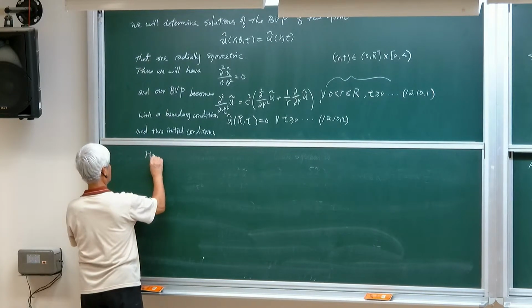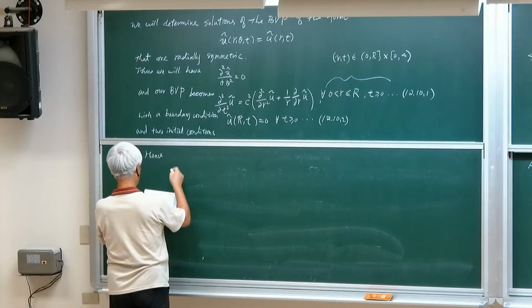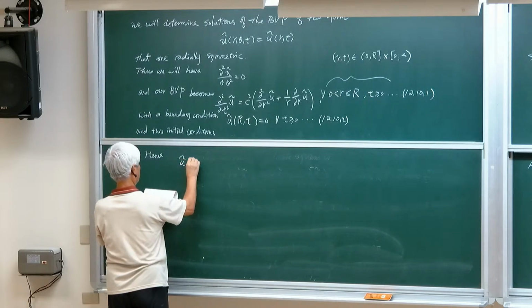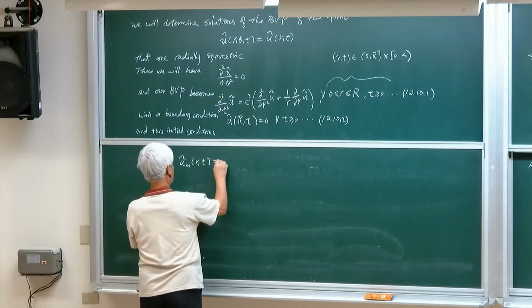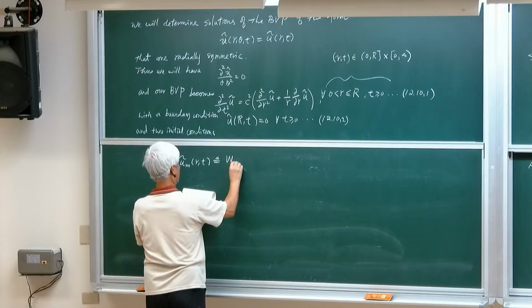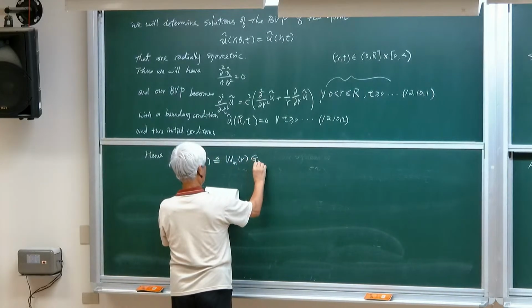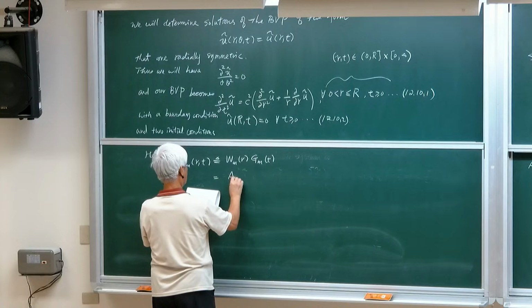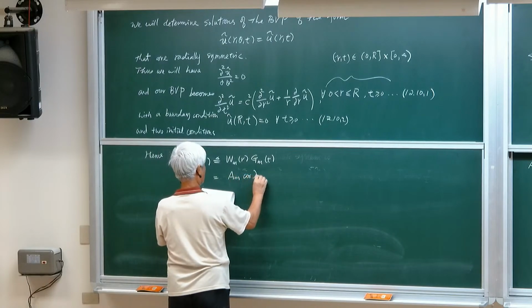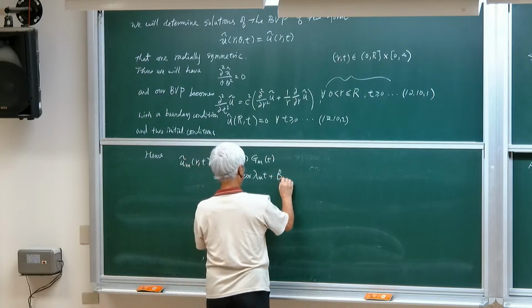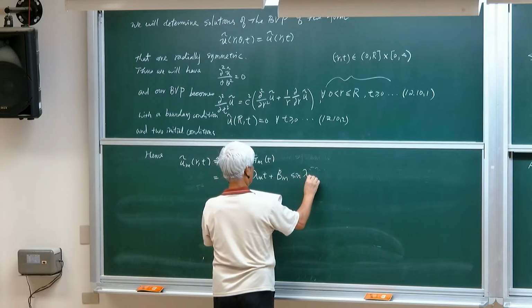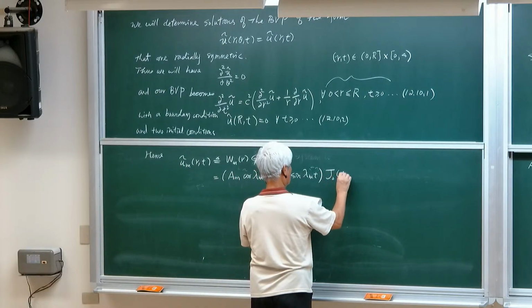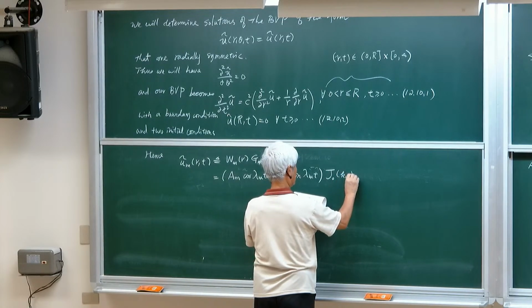Okay, and so hence we have u sub m(r,t) defined to be W sub m(r) and G sub m(t). So this is actually A sub m cosine lambda m t plus B sub m sine lambda m t, and J0 of k m r here.